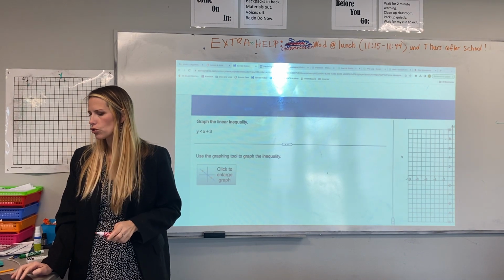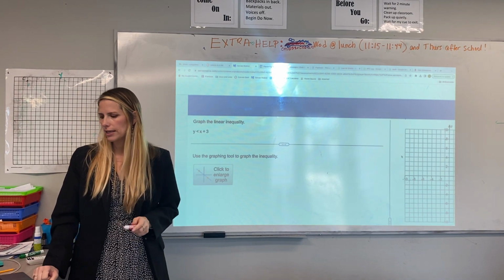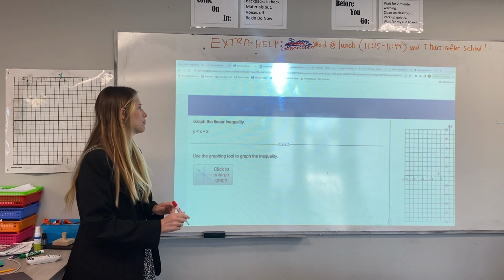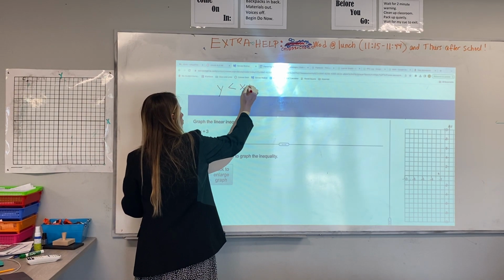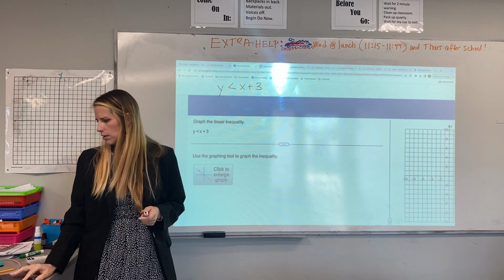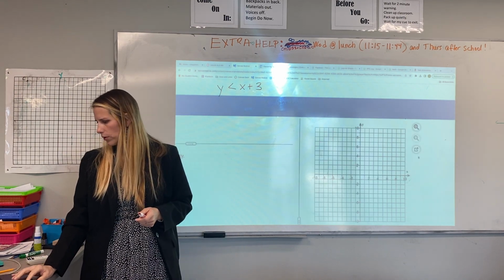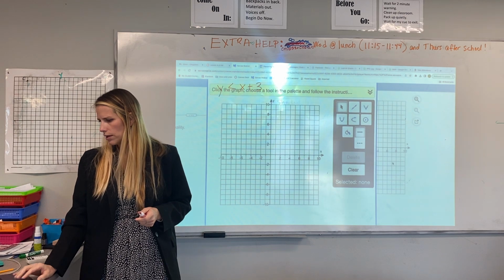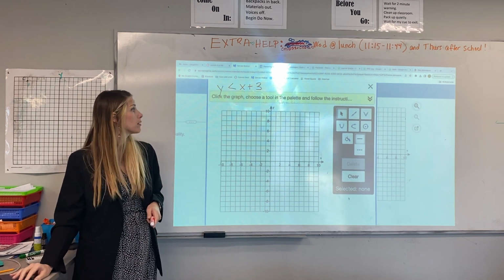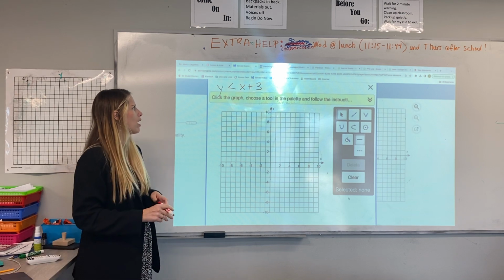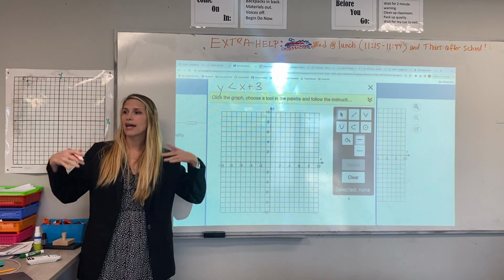Okay, this one says to graph the linear inequality. I'm just going to write it here: y is less than x plus 3. Now to graph this, I'm going to first pretend that it's just an equation.